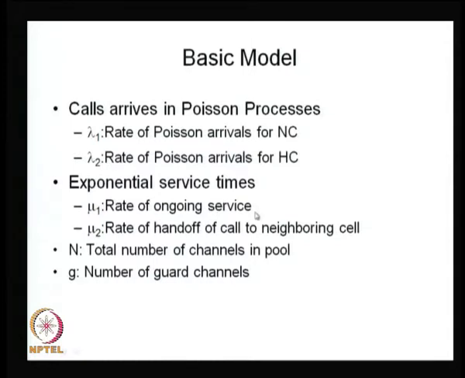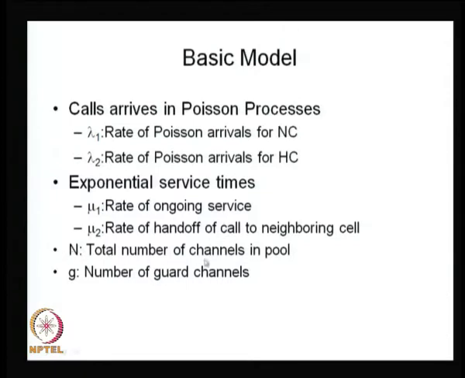The time for call completion within the cell is exponentially distributed with parameter mu1, as well as the calls handing off to other cells, which is also exponentially distributed with parameter mu2. The call completion and the handoff to other cells are also independent.